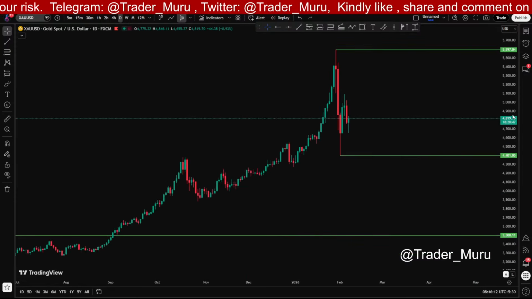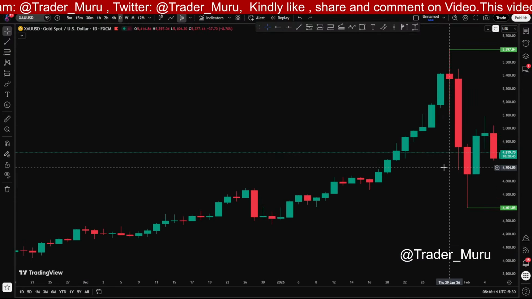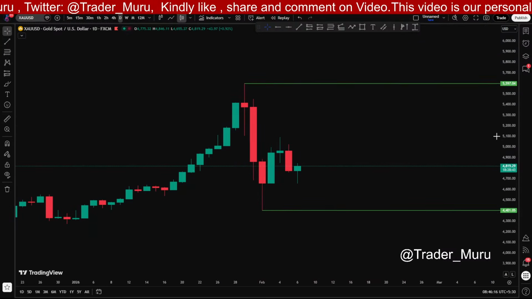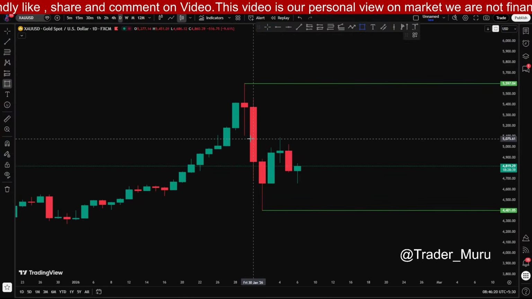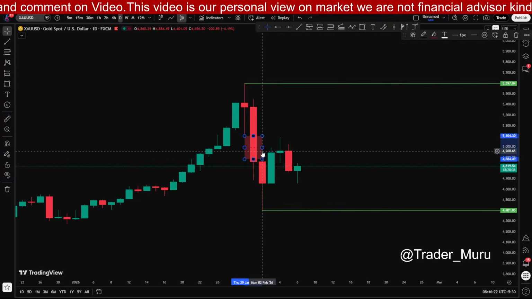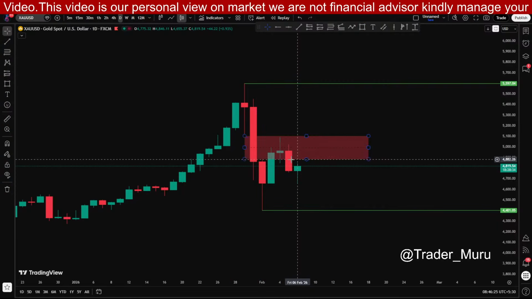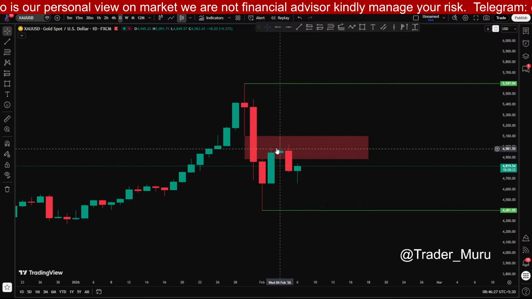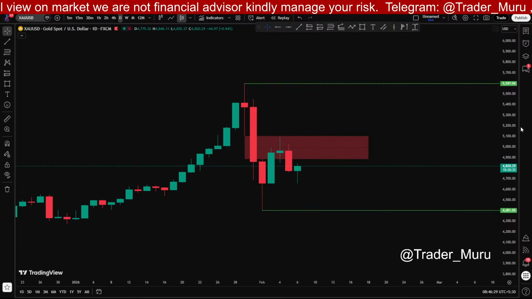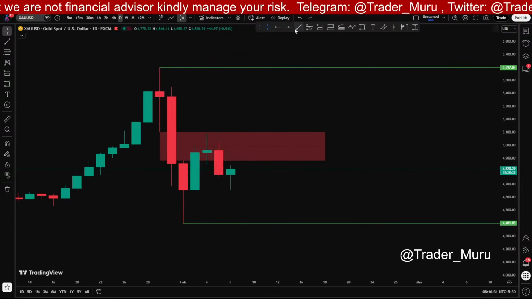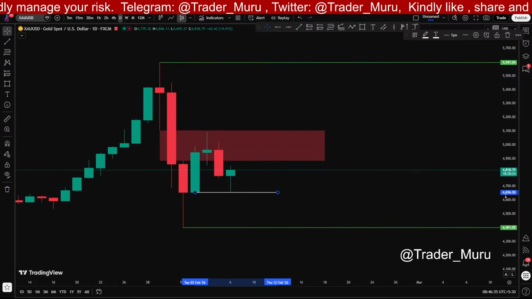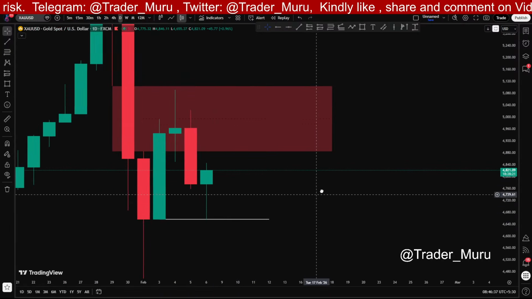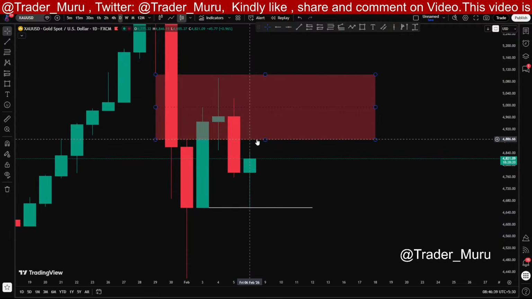If we look at the daily candle, it is still forming an evening star, and this is from the FVG here. That's why I told you yesterday that gold is weak right now and it should tap this low, and it is already done yesterday, and now it is pumping.